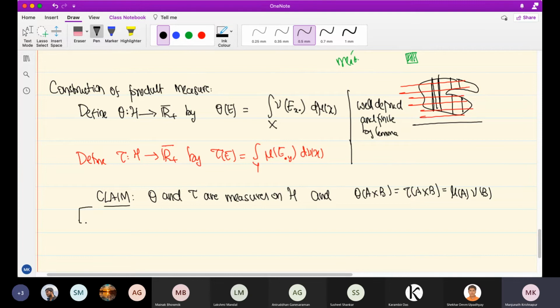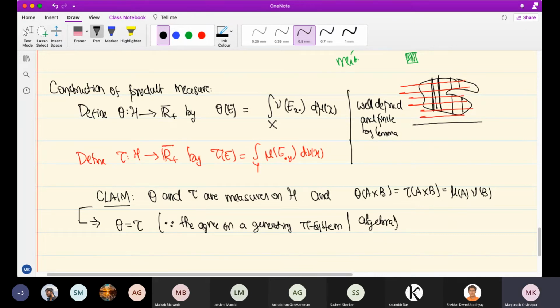So this implies that theta equals tau, right? Because they agree on a pi system, and hence also on the algebra. If you remember the pi lambda theorem, theta equals tau because they agree on a generating pi system or algebra.